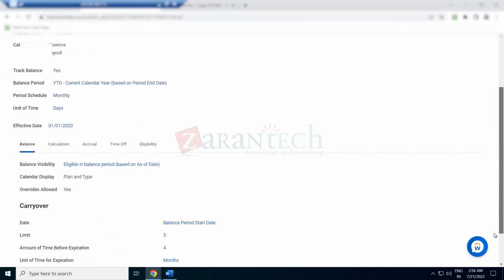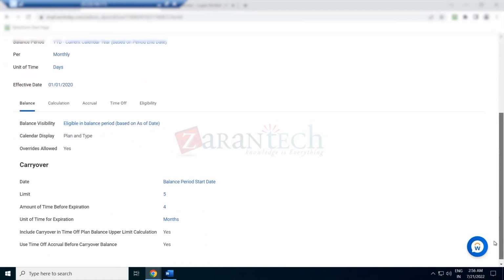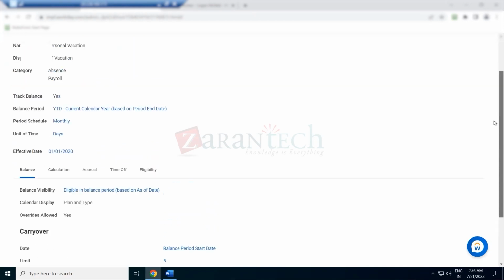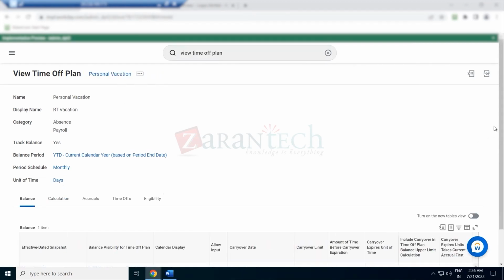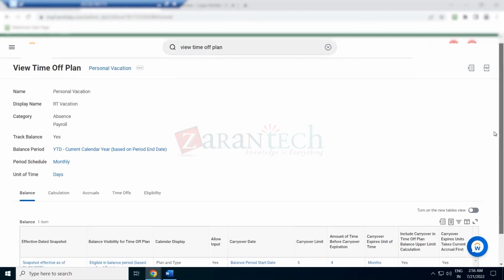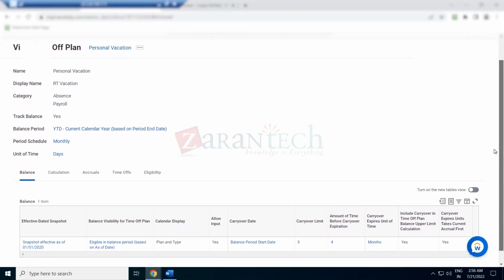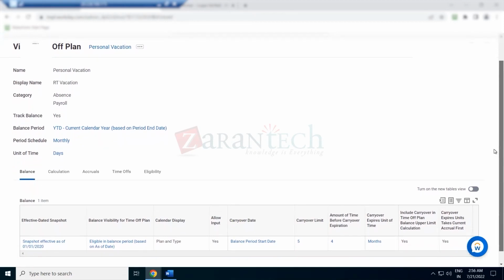How many snapshots do you see? No, I just want, can you go to just the time off plan? I think you are on a snapshot. This is the time off plan. No, you're on the snapshot. You have to go back. This is the time off plan. Okay. Yes, you are on the right screen.